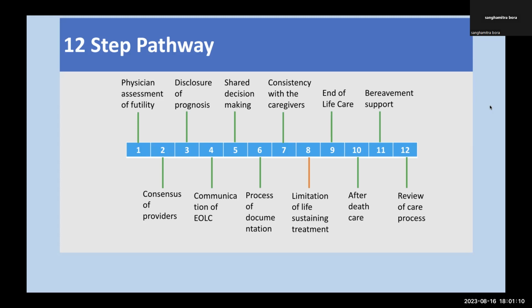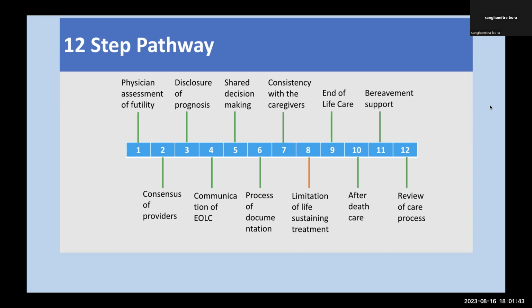And then we disclose the prognosis to the patient's relatives. Or if the patient is conscious and can understand or comprehend our steps or our decisions, then we'll have to disclose this particular prognosis to the patient, and the medical team. That is generally done by the doctor of the particular team.